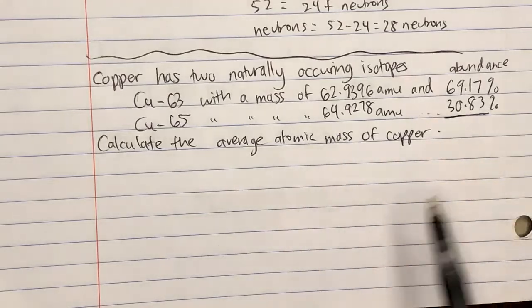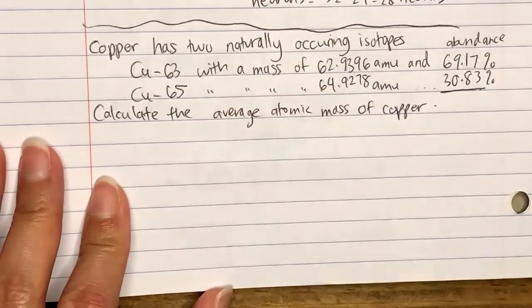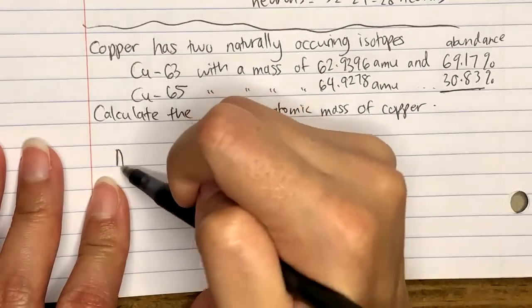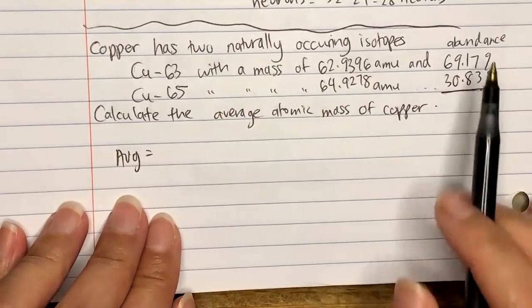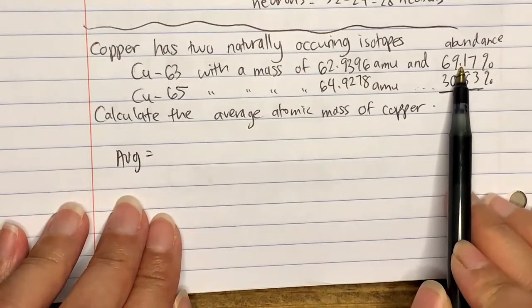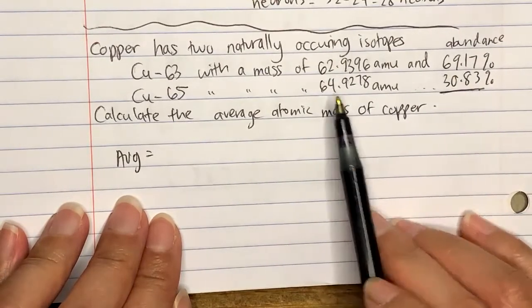All right, so now that we have that, we can go ahead and calculate the average atomic mass. So the formula, remember, is: the average atomic mass is going to be the abundance of the first, as a fraction out of 1, times the first mass, plus the fraction out of 1 times the second mass.